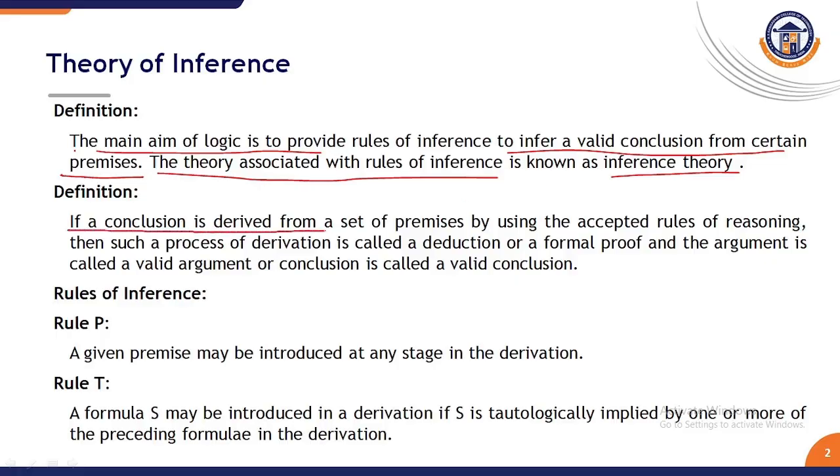If a conclusion is derived from a set of premises by using the accepted rules of reasoning, then such a process of derivation is called a deduction or formal proof, and the argument is called a valid argument or valid conclusion.